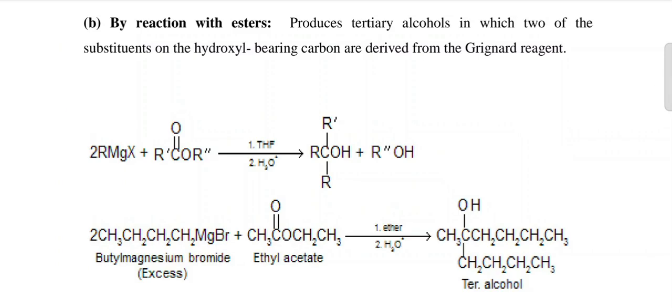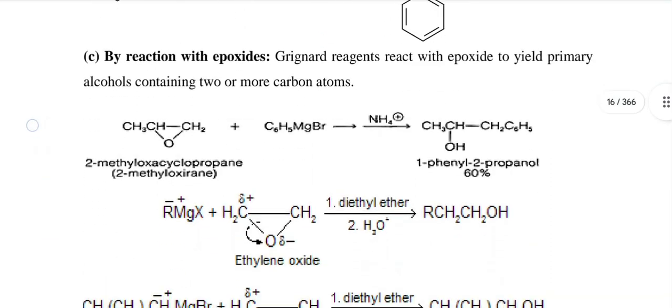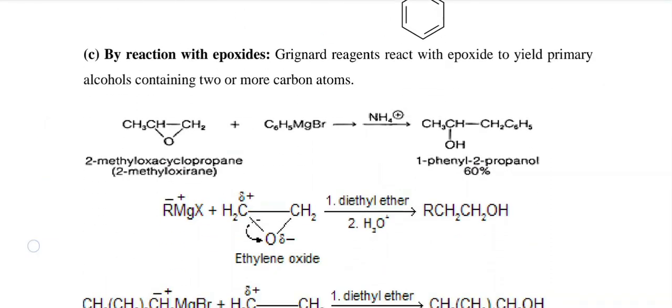By reaction with esters, it produces tertiary alcohol in which two of the substituents on the hydroxyl-bearing carbon are derived from the Grignard reagent. By reaction with epoxides, Grignard reagent reacts with epoxide to yield primary alcohol containing two or more carbon atoms.